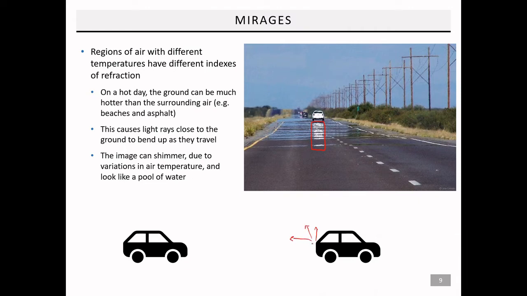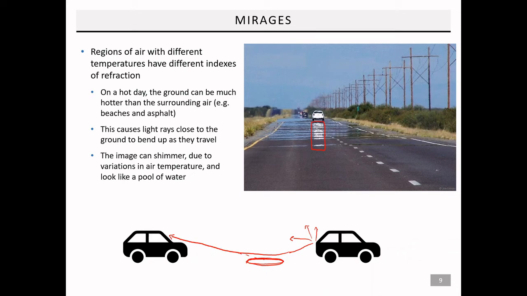Some of that light bounces toward the ground, but since the ground is hot and the air close to the ground is also hot, that light ray can bend upward and reach your eye in the car. So then when your eye sees this light coming towards you, what your brain is telling you is that that light came from a spot on the ground, somewhere in this region.